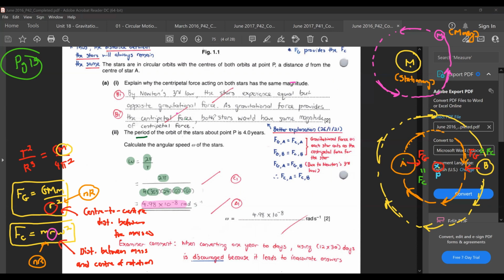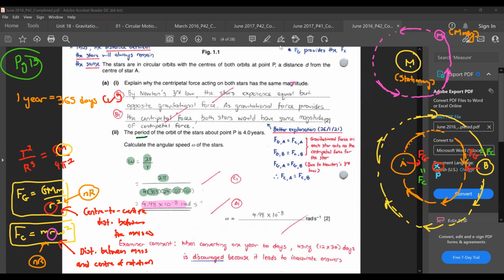Now, another thing I should probably mention to you is this. In general, 1 year is 365 days. This is the correct one. This is the value that your exam answers are always based on.